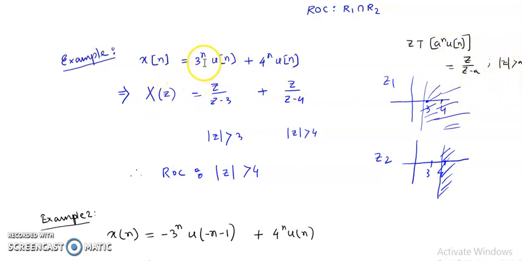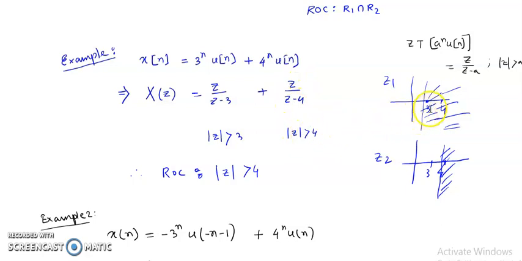In this case also you can see that these values are plus 3 and plus 4. So we can write their Z transforms as z by z minus 3 and z by z minus 4, where one ROC will be mod z greater than 3 and the other ROC will be mod z greater than 4.